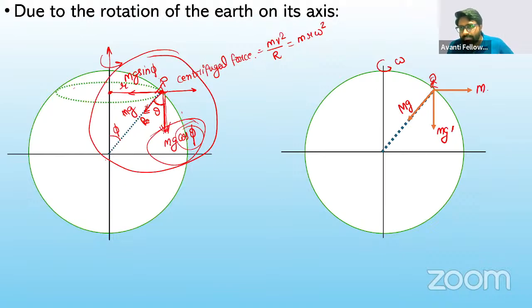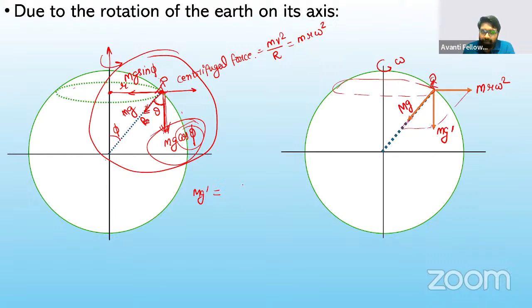And this is nothing but m r omega square, the centrifugal force about this particular point. In this particular circle, Earth is rotating, so along with Earth, this particular man and whatever object is here also rotates with the same velocity. It is also completing a circle. So now the net effective force is mg dash, which is nothing but the vector addition of these two.